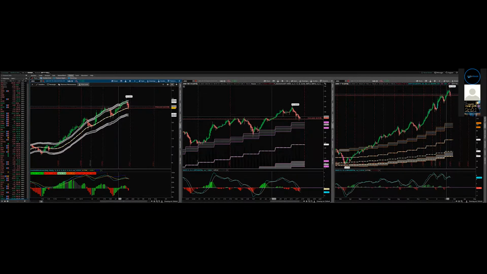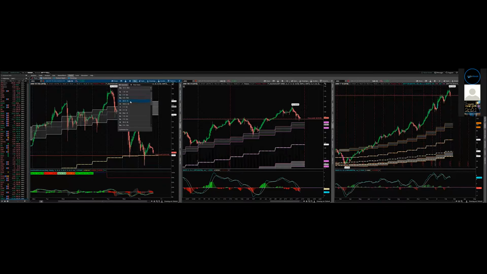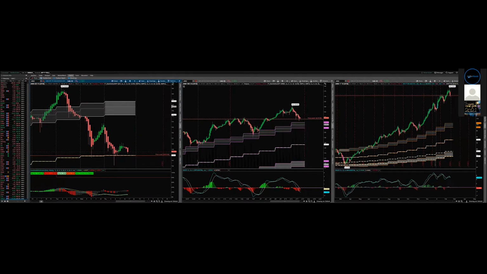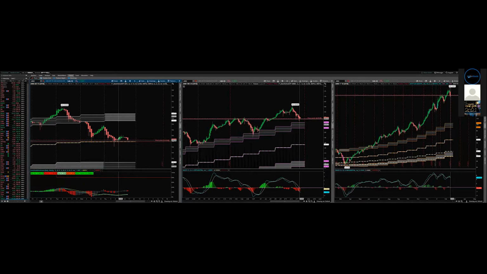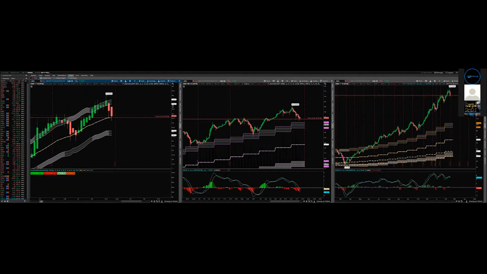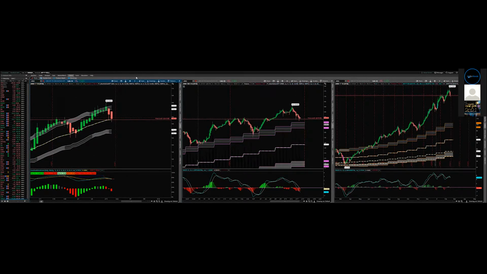So instead of looking at the daily Celts on the daily time frame, we're going to look at it on a smaller time frame. It doesn't matter which one you choose, it's your preference, but I'm going to look at it on a smaller time frame so that I can see the action that's happening inside there. I can get my entries off the daily mid with precision rather than looking at the daily mid like this with one candle. It's just an easier view. That's the entire purpose of it.